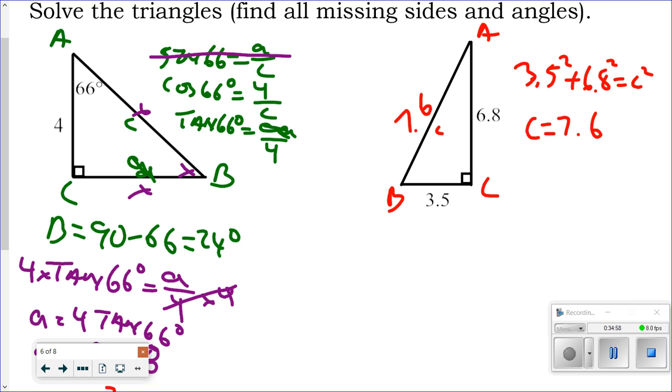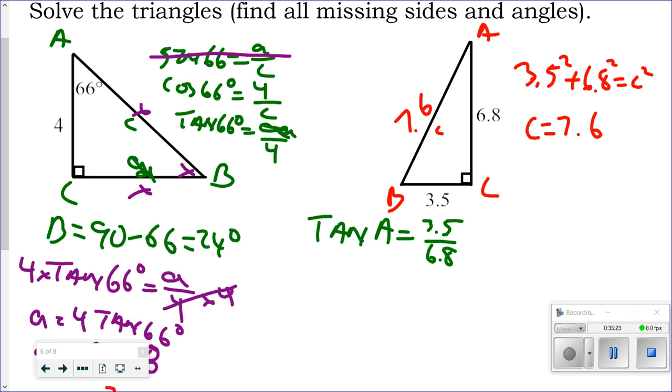So that's what we have to do. The tangent, I'm going to pick angle A, because we're going to do that first. The tangent of angle A is equal to the side opposite over the side adjacent. 3.5 over 6.8.